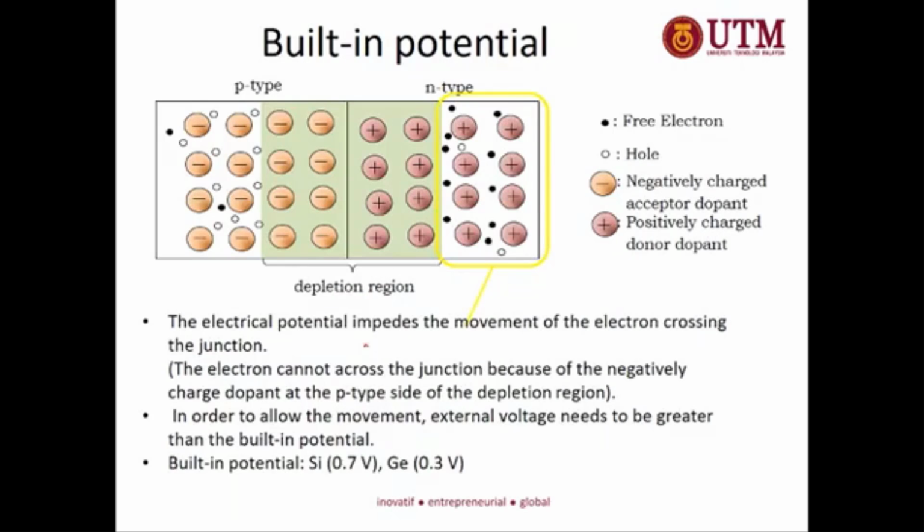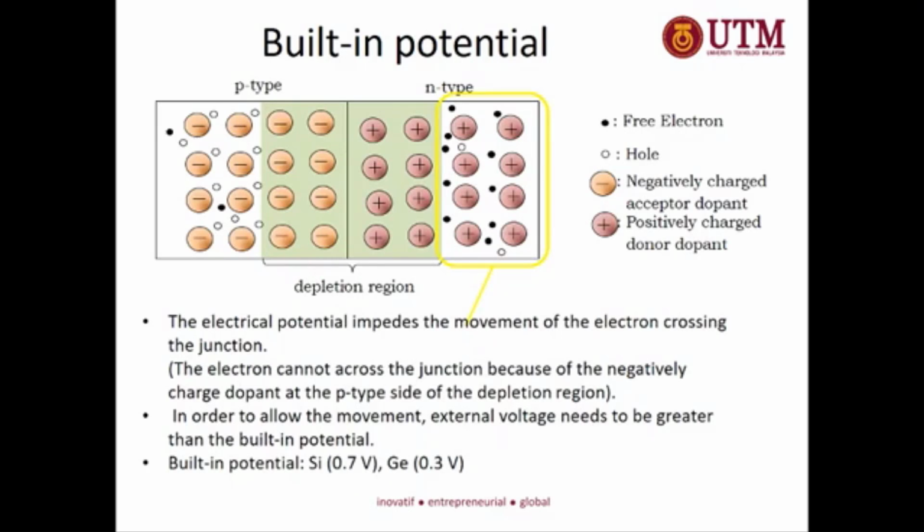Why is this electric potential very important in the diode operation? Because the electric potential impedes or restricts the movement of electrons crossing the junction.